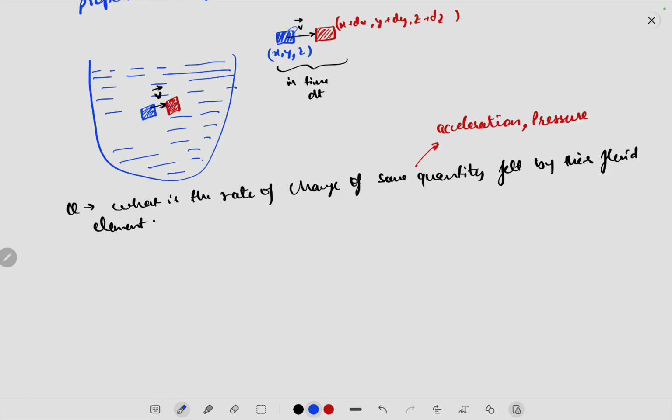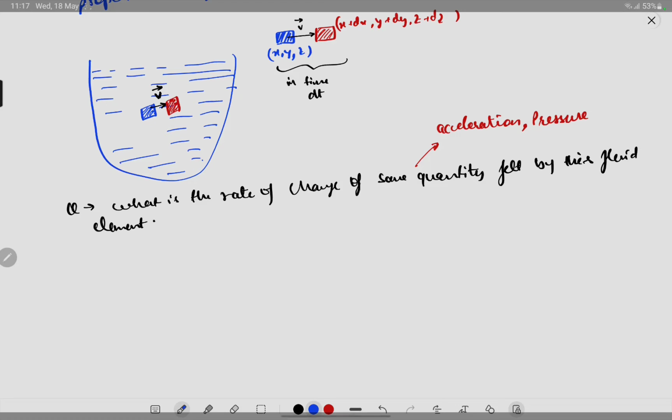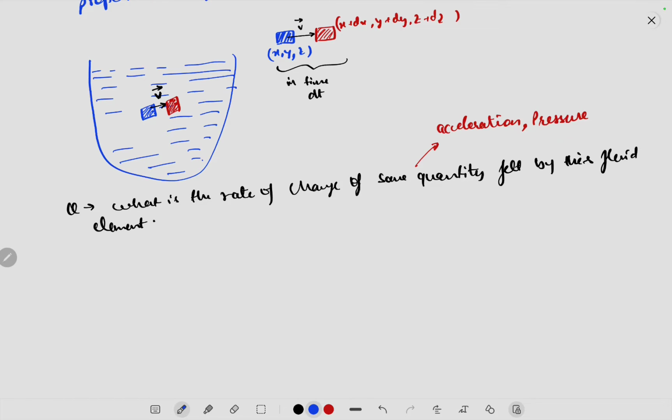So since of how we are describing this fluid, we are concentrating on one fluid element and tracking its motion. So this was my Lagrangian description. In the Lagrangian description, this rate of change of quantity will be simply dq by dt.